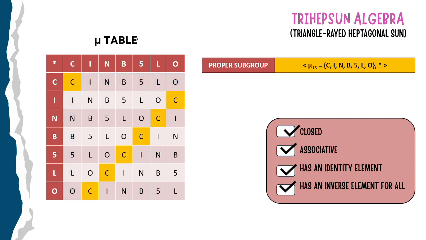To see if it has an inverse element for all, let's find the identity element.